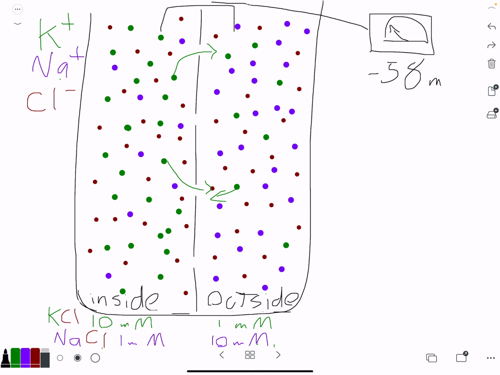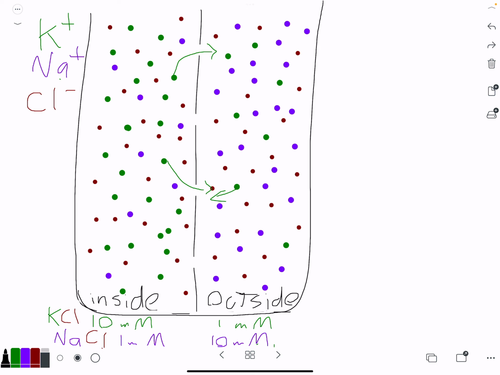Now, let's do this again, only this time, instead of potassium, we're going to make our membrane permeable just to sodium. So which way is sodium going to move? If we shut it down to potassium, we restart the experiment, new solutions on each side, new semi-permeable membrane that's only permeable to sodium.